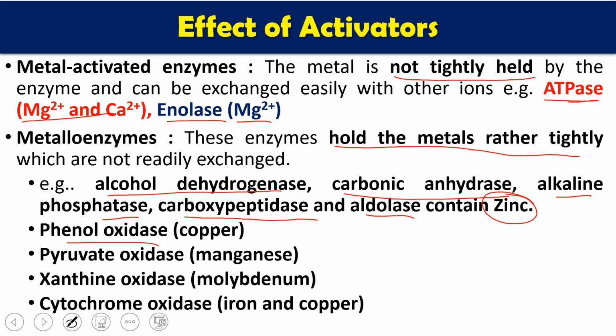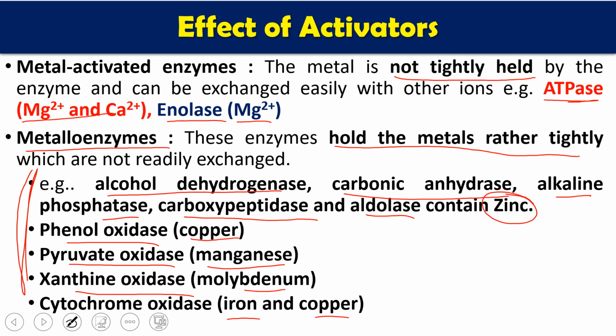Phenol oxidase requires copper, pyruvate oxidase requires manganese, xanthine oxidase of the uric acid pathway requires molybdenum, cytochrome oxidase requires iron and copper. These different metal ions are associated with these enzymes very tightly, and they are metalloenzymes. So these are different factors.